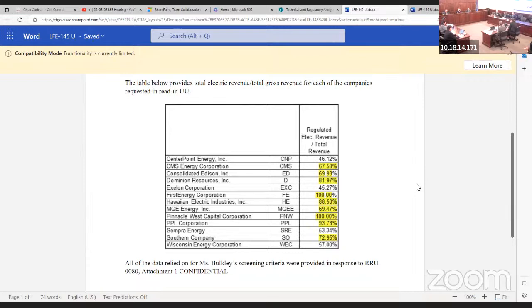You're capturing in some of these companies, particularly the companies that you identified, First Energy, Dominion, Pinnacle West, where a large portion of their revenues are related to generation, which is a pass-through cost similar to the gas cost.